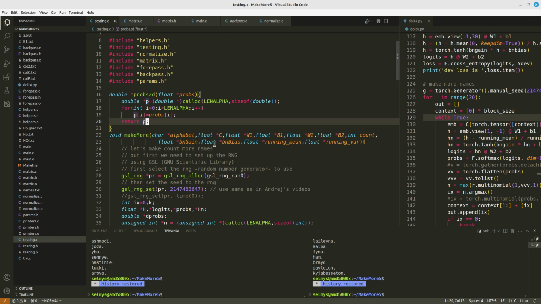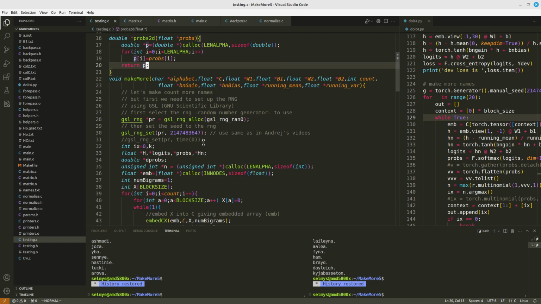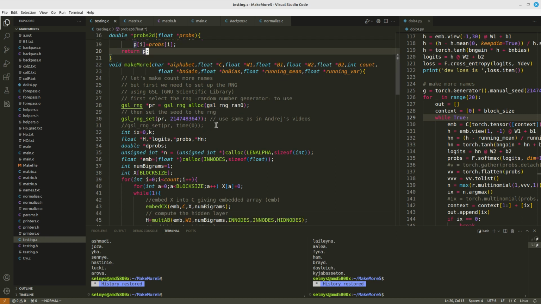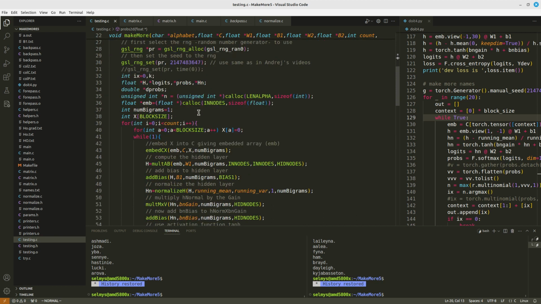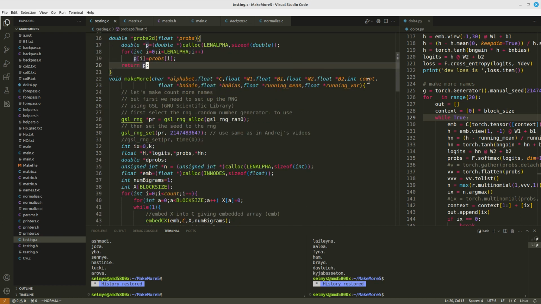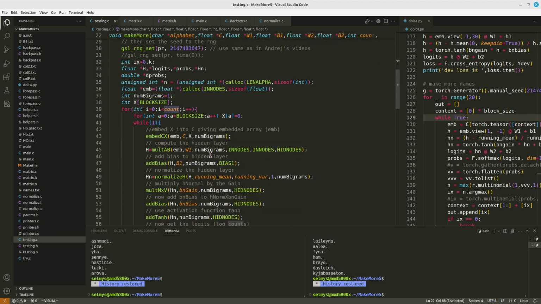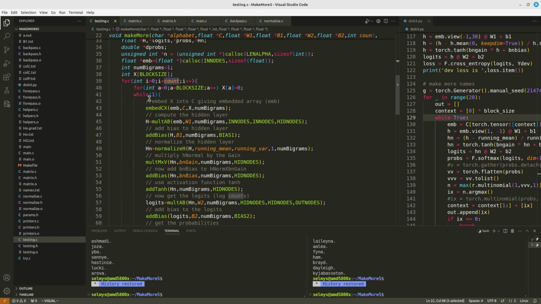In the MakeMore function here, again, I'm using the GNU scientific library to do my random number generation. And how many names do I want to get? This count here tells me how many names to generate. I just go through here.